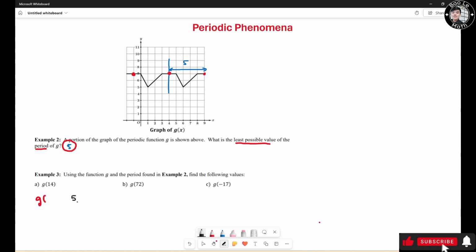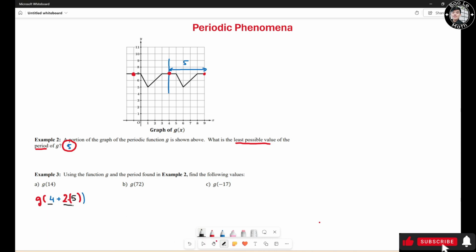How many times does 5 go into 14? The maximum is 2, right? So I have 2 times 5, right? The remainder I'm going to put right here, which is 4, right? So I only care about this part.